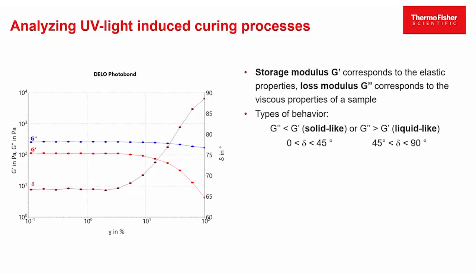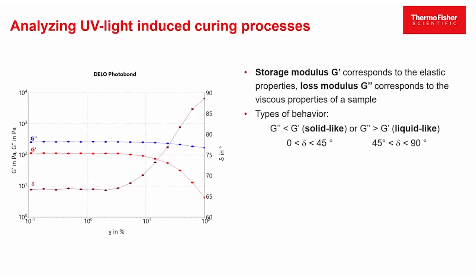Now we have all the information that is needed to actually conduct measurements on adhesives. Here we have an example of a DELO Photobond adhesive. Each sample behaves differently within a rheological experiment. Therefore, it is mandatory to perform a controlled deformation experiment where you increase the deformation that is applied onto the sample.